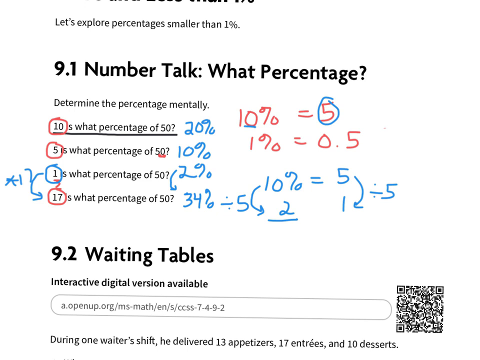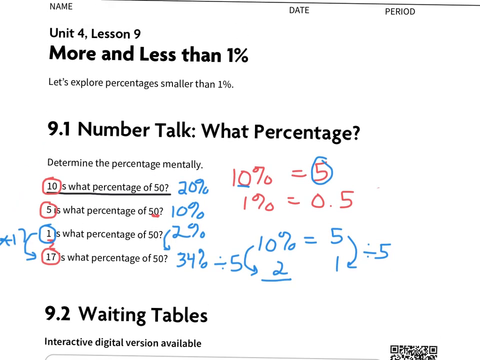So the question here is, how do we calculate the percent of something? The lesson here is on finding percents that are bigger and smaller than 1%. We're going to look at that, but I just want to get a global way of finding percentages.